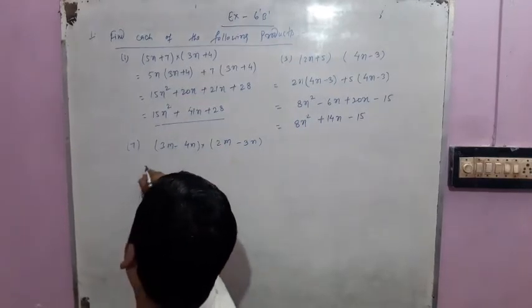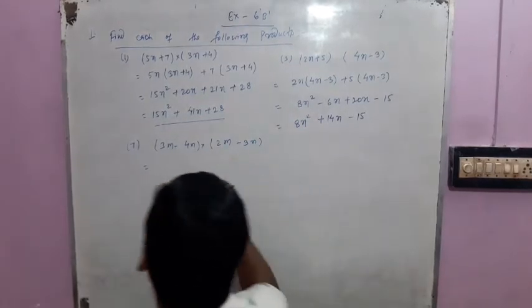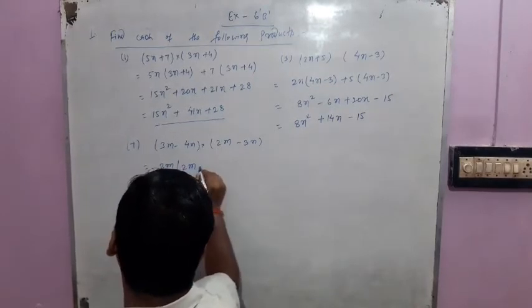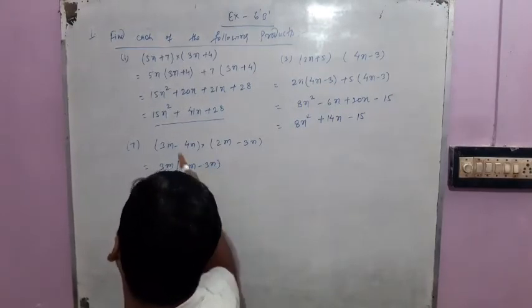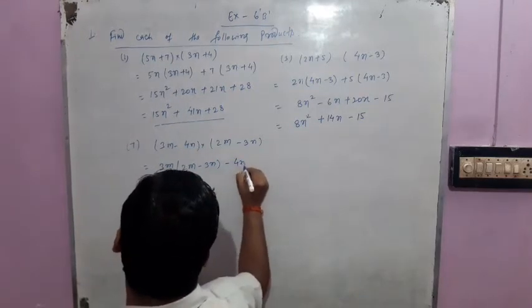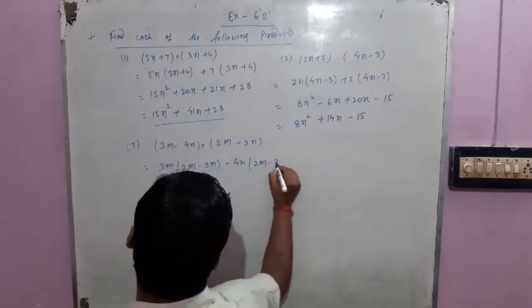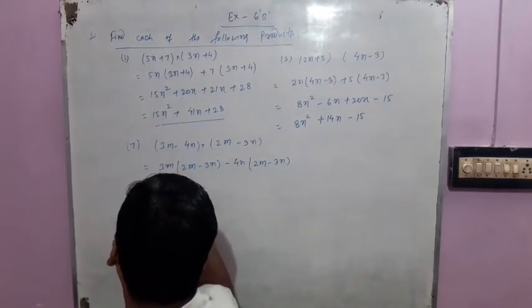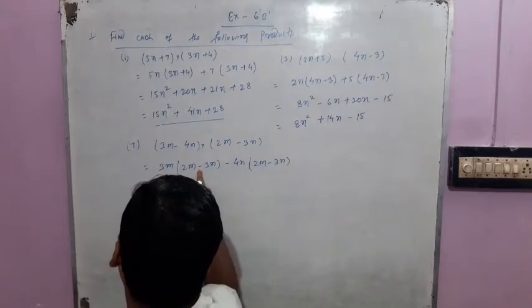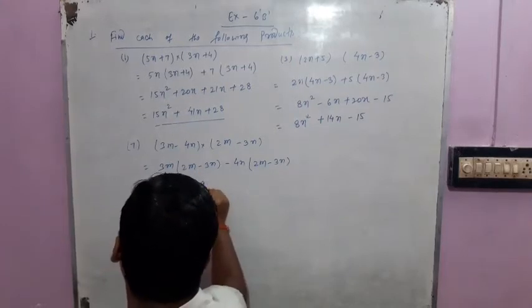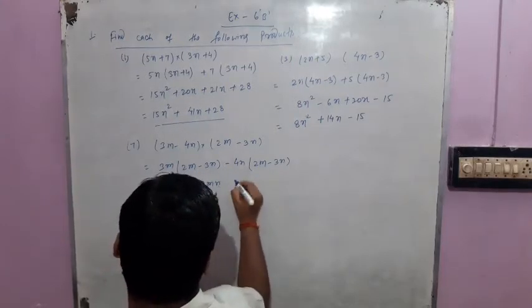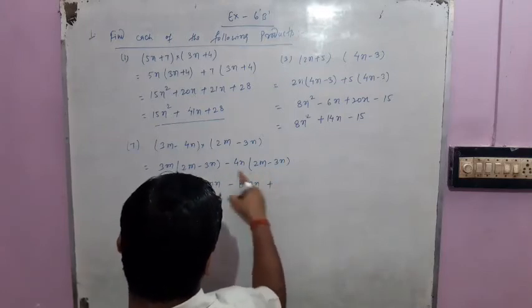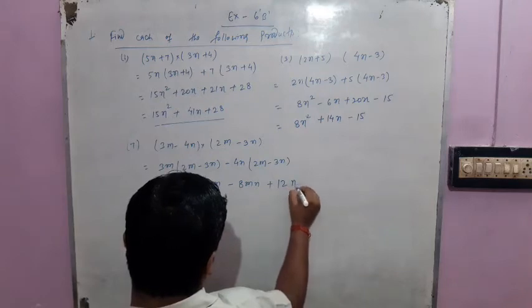Okay students, for that first we multiply 3m with both of the terms, 2m minus 3n, and then we have to multiply minus 4n with both of the terms, 2m minus 3n. Now 3 times 2 is 6 and m into m, m square. Plus times minus is minus, 3 times 3 is 9mn. Minus times plus is minus, 4 times 2 is 8mn. Minus times minus is plus, 4 times 3 is 12, and n into n, n square.